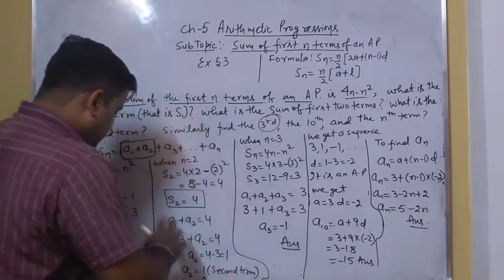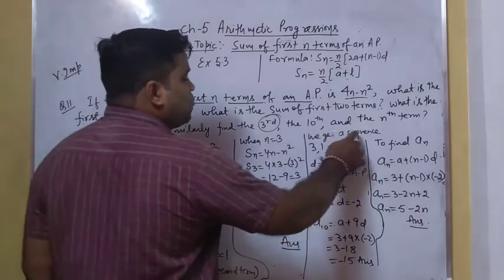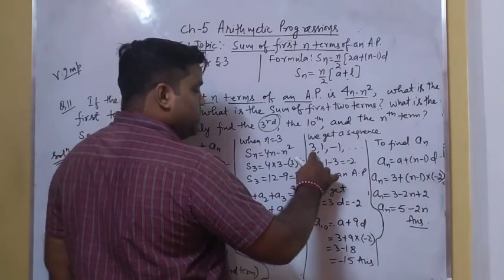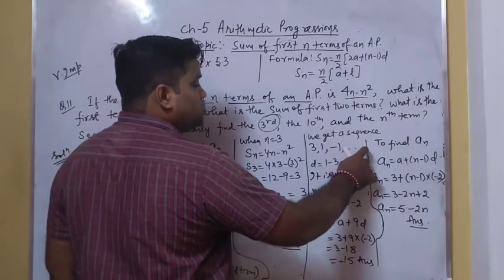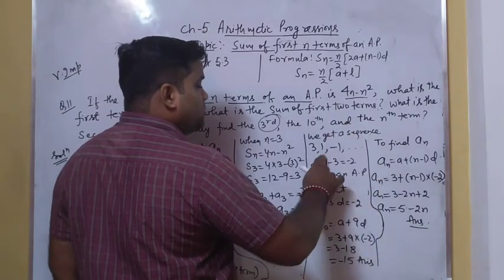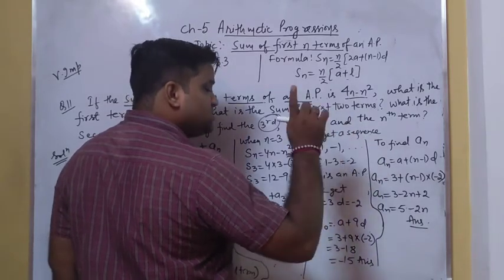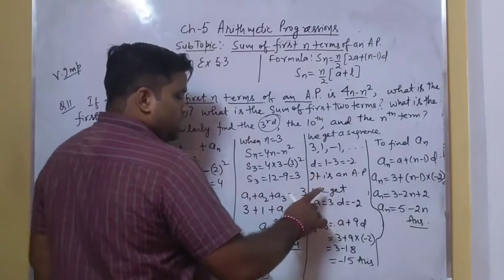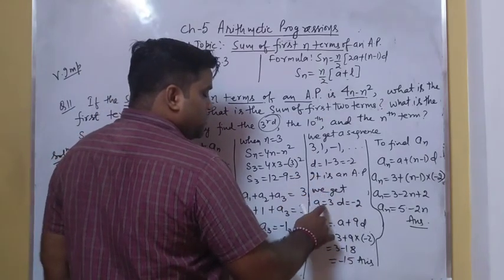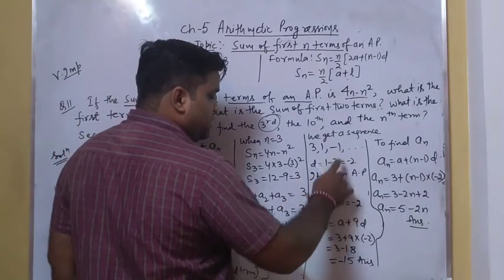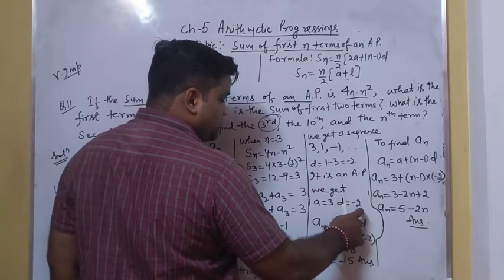So after doing this, we get a sequence which starts with 3, 1, minus 1 and so on, which is also an AP because the common difference between the terms is the same. The first term of that sequence is 3 and the common difference is equal to minus 2.